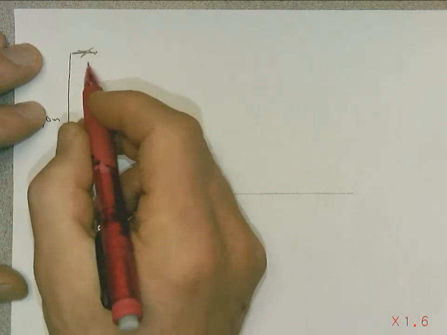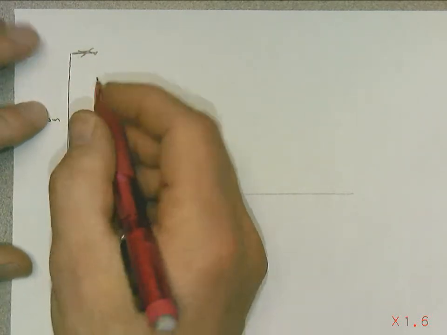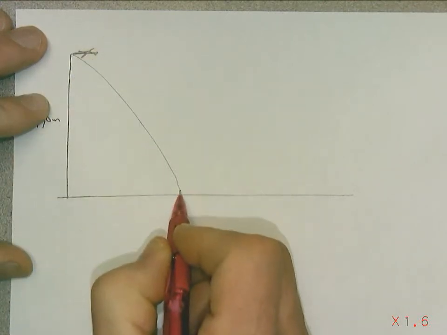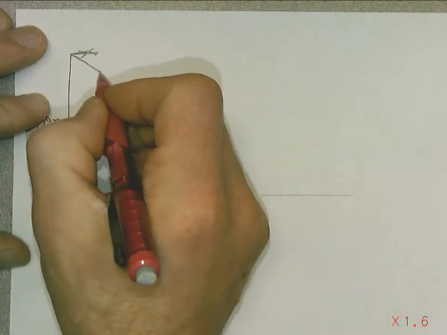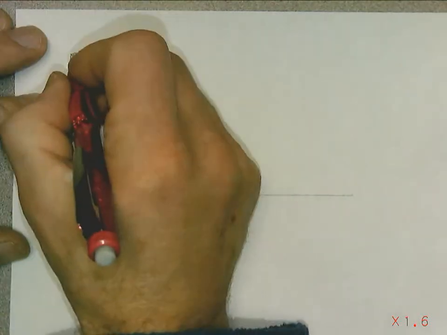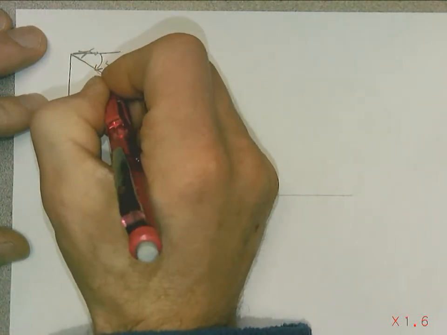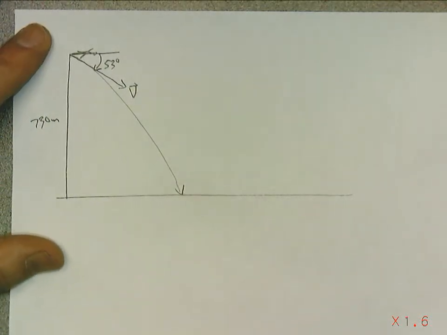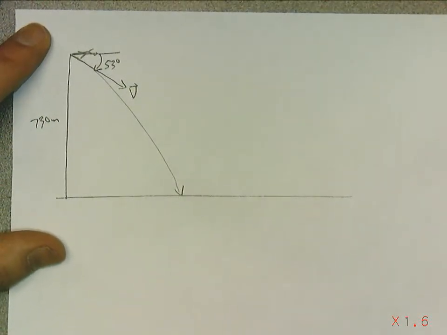I was going to start drawing a plane and I just stopped. Anyway, it's not at the right angle. So we're going to launch a projectile, kind of like this, where there's a velocity here. And the angle is 53 degrees below the horizontal. So it looks like this.